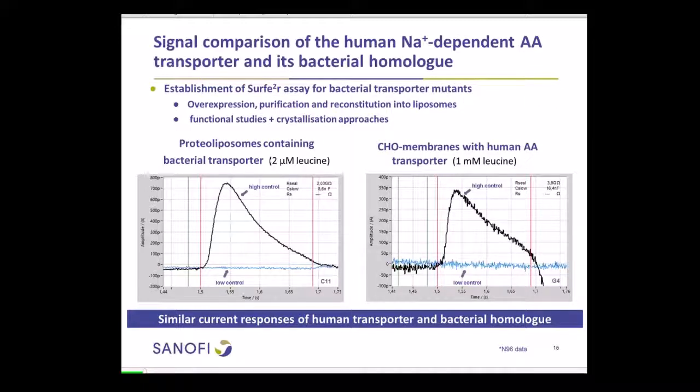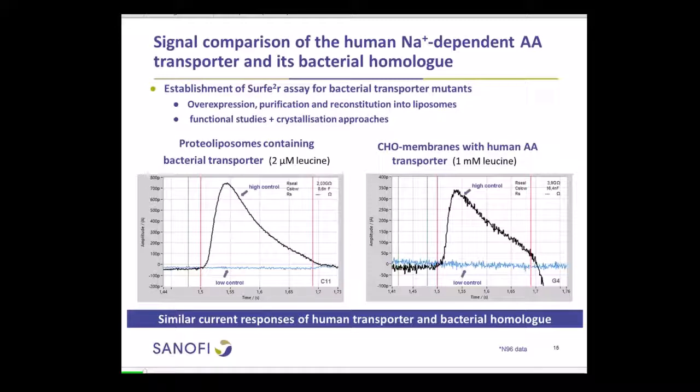The bacterial homologue is crystallizable, so we try to produce a high amount of the bacterial transporter for crystallization experiments, and also to do some mutant analysis afterwards. The big goal here is to show that the bacterial transporter we are isolating is still active, and also that the mutations we want to use afterwards are still active.